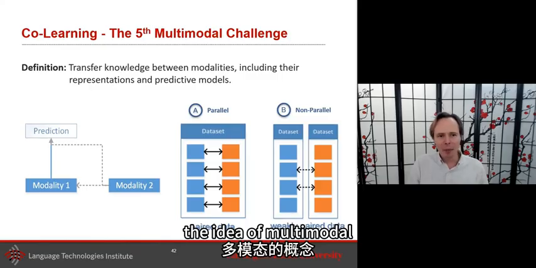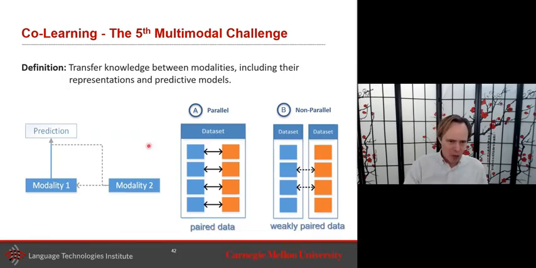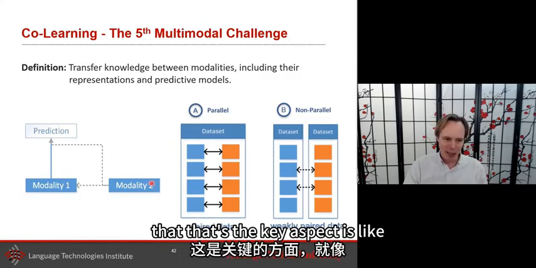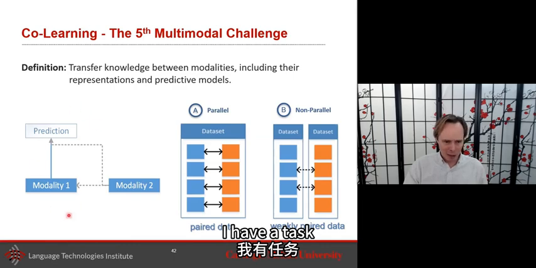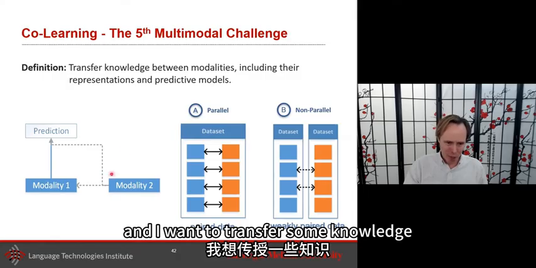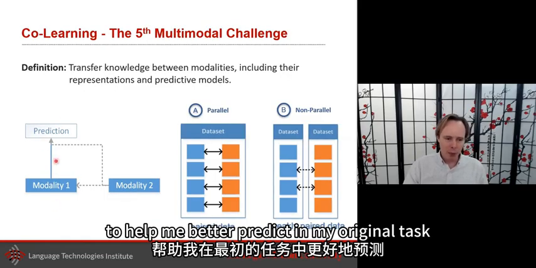The main idea of multimodal co-learning is to transfer knowledge between modalities. That's the key aspect. I have a task within a modality and I want to transfer some knowledge from the second modality to help me better predict in my original task.